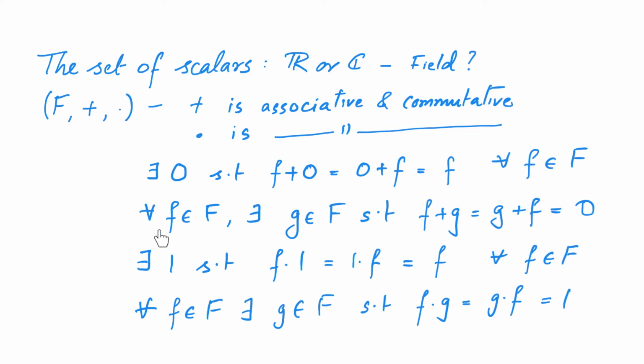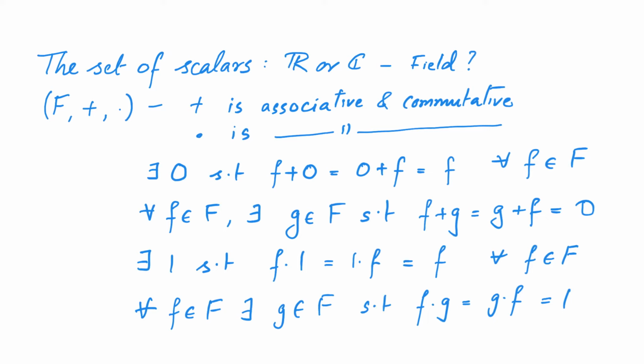For every element f in capital F, there exists an inverse g that belongs to capital F. Third property is called existence of multiplicative identity, and one is called the multiplicative identity. And fourth property says that for every element f in capital F, there exists a multiplicative inverse, and g is the multiplicative inverse of f.